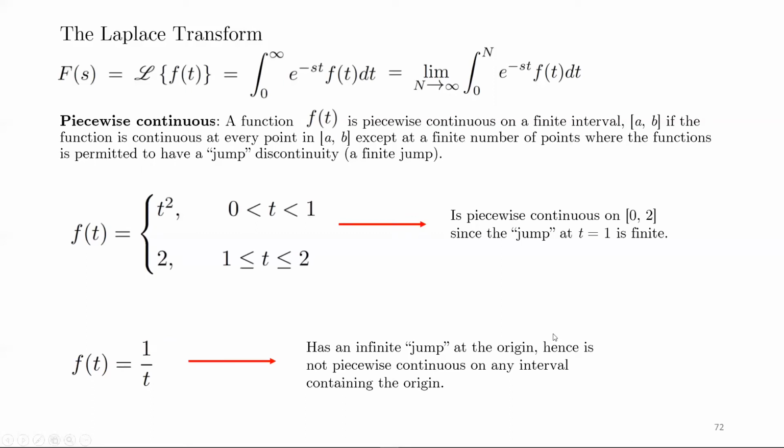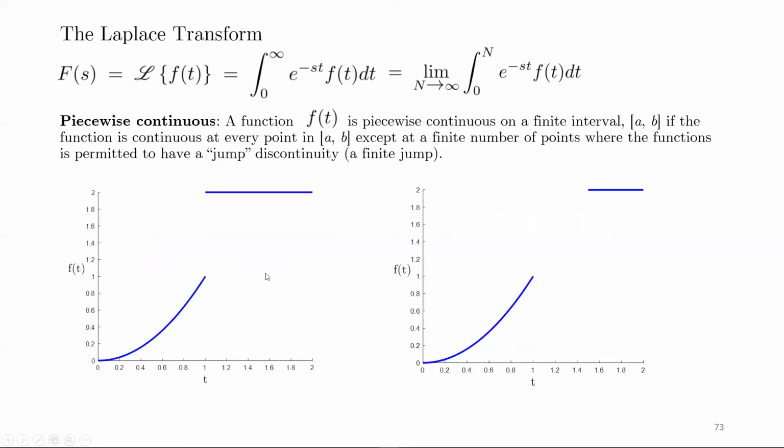Okay, and these jumps are allowed only at a finite number of points. So for example, if I take two functions here, on the left, we get some kind of increase, and then a finite jump from 1 to 2, after which this function is equal to a constant 2. So there is just a jump at one point here, so this can be piecewise continuous. However, here we've got a gap, right?